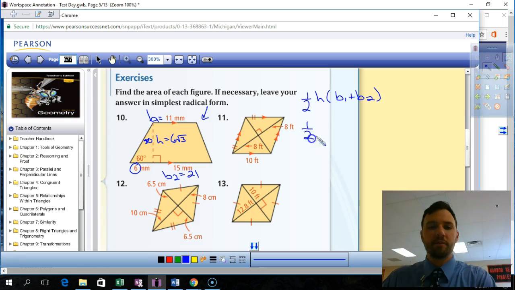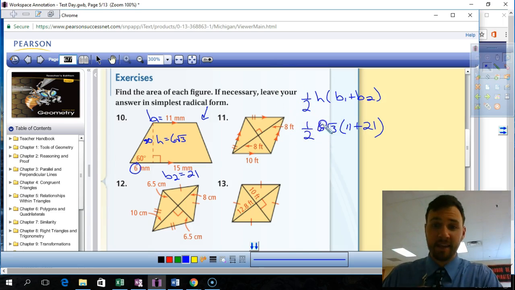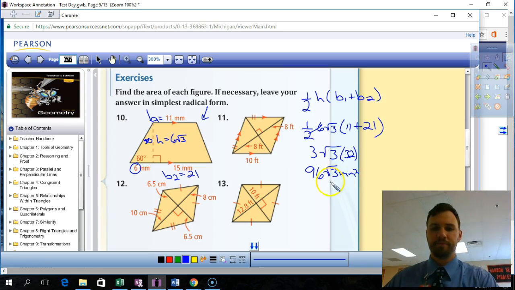Now I have everything I need, so I'm going to do 1/2 my height times base plus base. That's 3 times root 3. 11 plus 21 is 32. 3 times 32 is 96 root 3 millimeters squared.